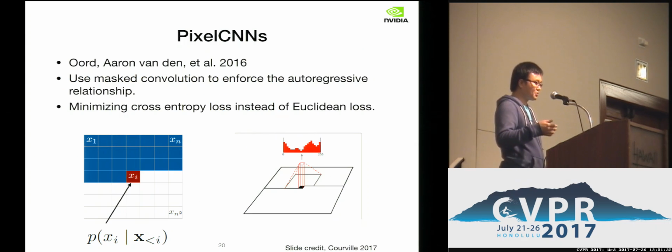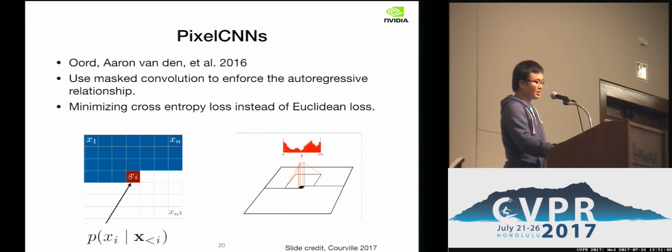So currently the most popular autoregressive model is the PixelCNN model. It's by Aaron van den Oord in 2016. So we see an image here where the order is based on horizontal scan, so x1 to xn, and then the next row.